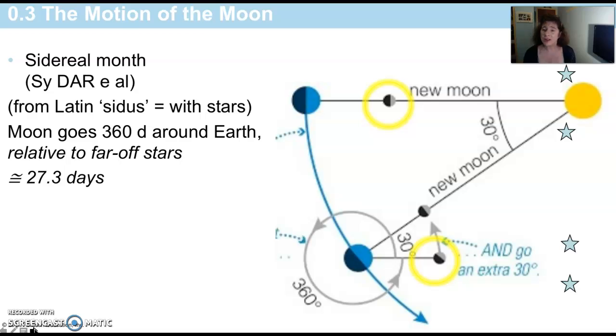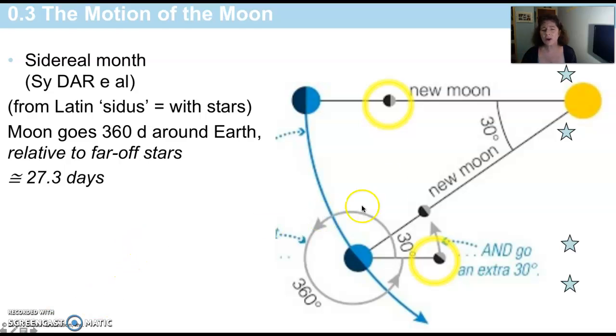And the ancient people, especially the Egyptians, understood this very well, and I want you to understand it as well. First, there is what we call a sidereal month. We talked about sidereal days, same proposition, that you are aligning with the stars in each rotation.